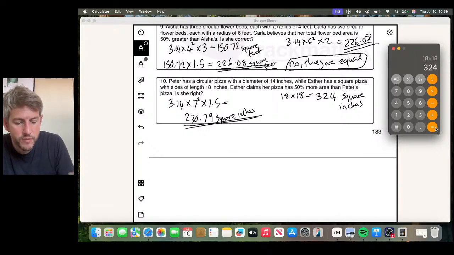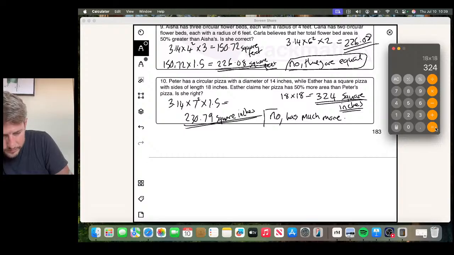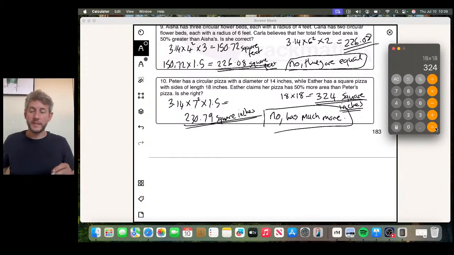Right, she is correct. Well, she's not. She's wrong because she's got much more. So she's not wrong. No. Has much more. Okay, there we go.